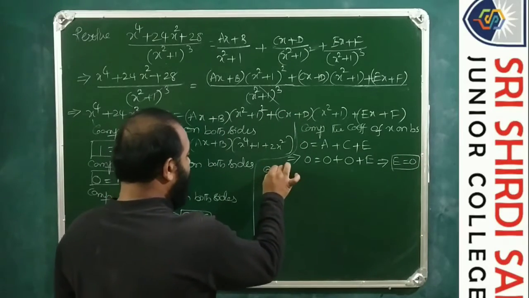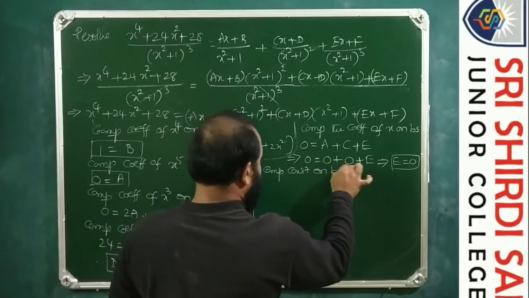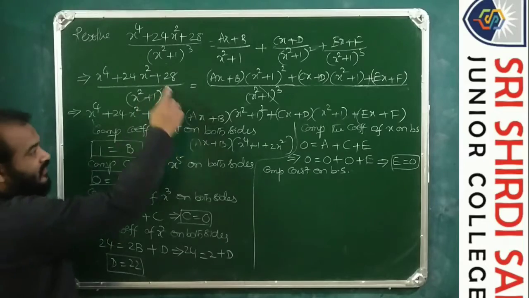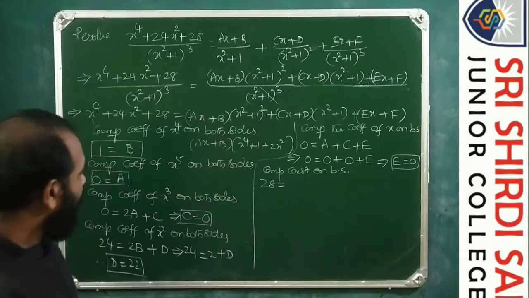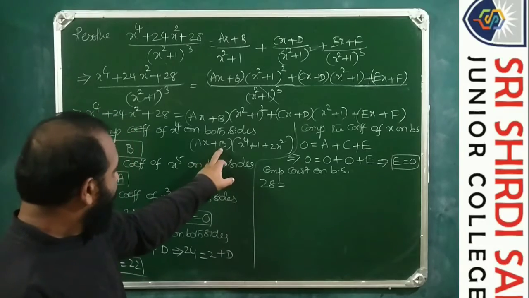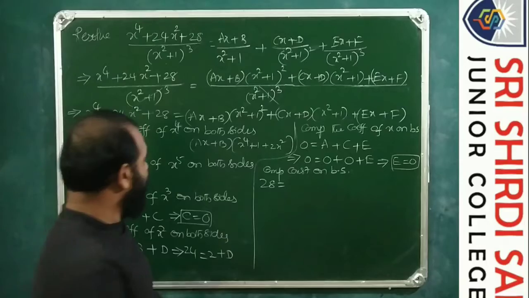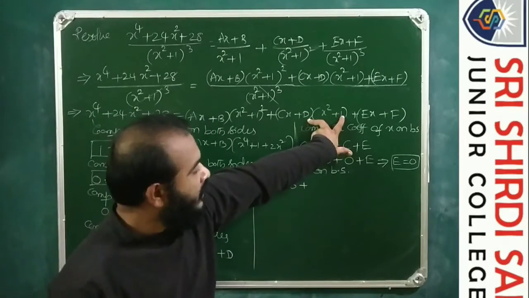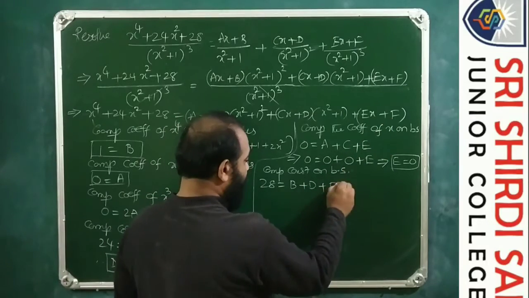Now comparing constant on both sides. So here the constant in the LHS is 28 is equal to, so here b into 1 is b. This is the only constant here. So b plus d into 1 is d plus f.